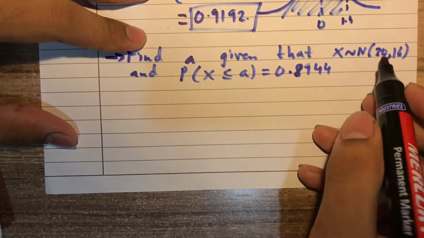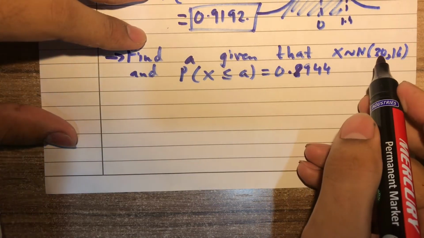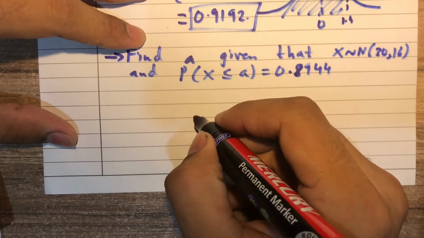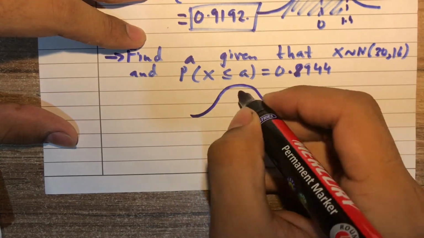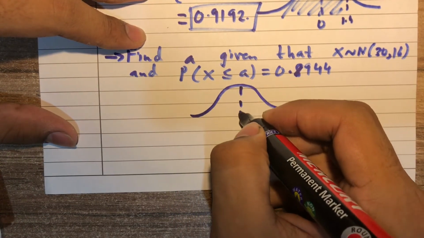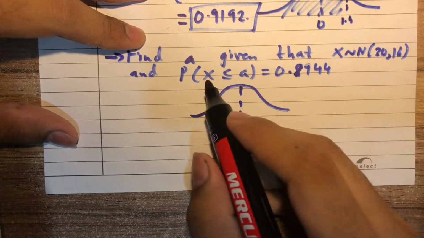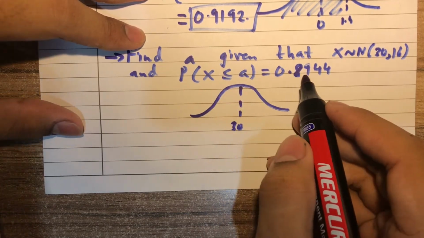So over here, this is the normal distribution with mean 30 and variance 16. So if I draw the curve, it's 30 mean. Now A has a probability of 0.8944.